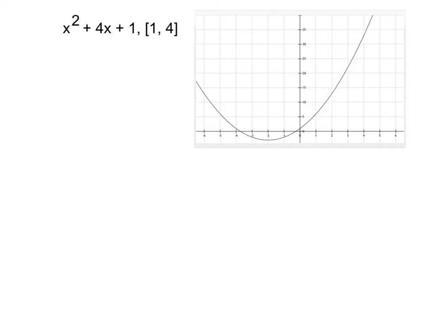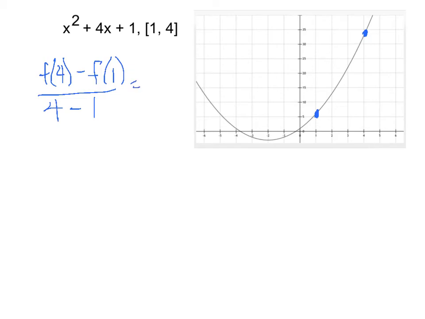So the first thing we're going to do is figure out what the slope is between these endpoints. So we've got to do f of 4 minus f of 1, difference in y's, over difference in x's. So let's think now.